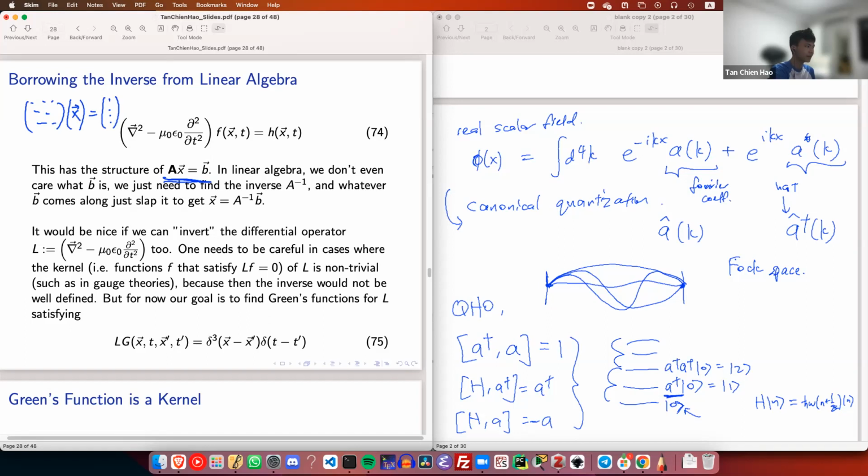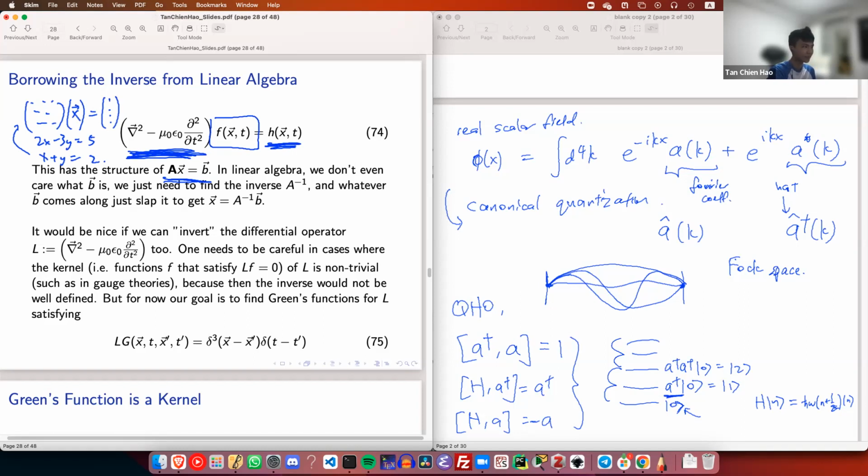This is a linear equation. If I give you 2x minus 3y equals 5, and let's say x plus y equals 2, this is of this form, Ax equals b. So in this case, I give you the b on the right-hand side. I give you the differential operator, the so-called matrix A. I want you to find this f. You can see the parallels with it, right?